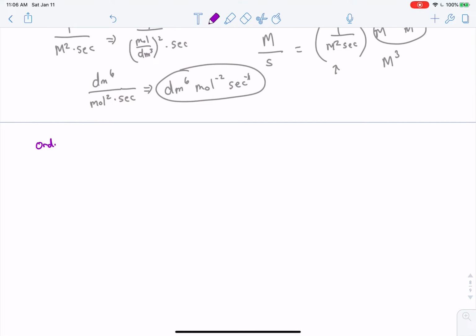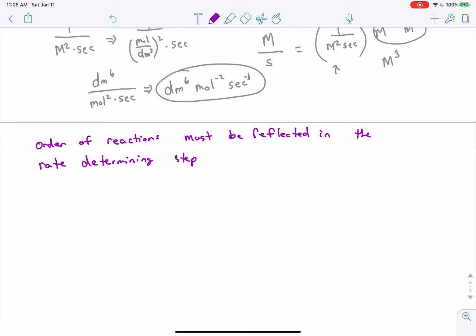The order of reactions must be reflected in the rate determining step, the RDS, which is also known as the slow step of the mechanism.